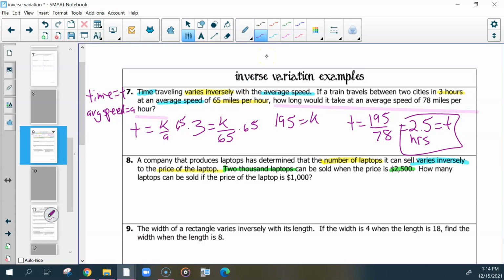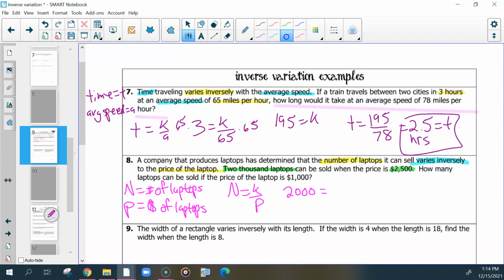We know it's going to be, if we're using different variables, let's say N for number of laptops and P for price of laptops. Then we can say N equals K over P. They tell us the number of laptops is 2,000 and the price is 2,500.